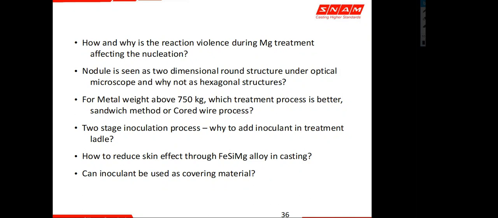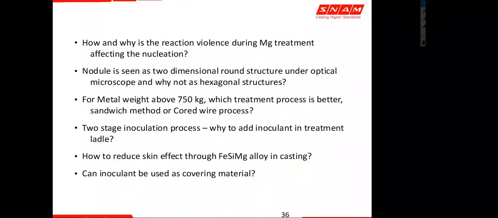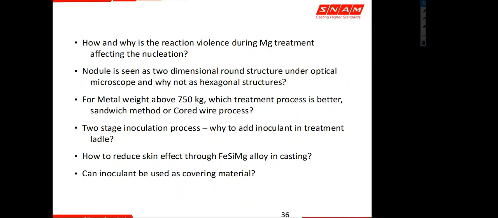So the first step to be taken to counter the skin effect is to prevent the liquid metal interaction with the mold. There are coatings available. I've heard of people applying coatings over furan molds or no-bake molds, such that it acts like a barrier between the metal and the mold, so no reaction happens, and you reduce the tendency for the skin effect.